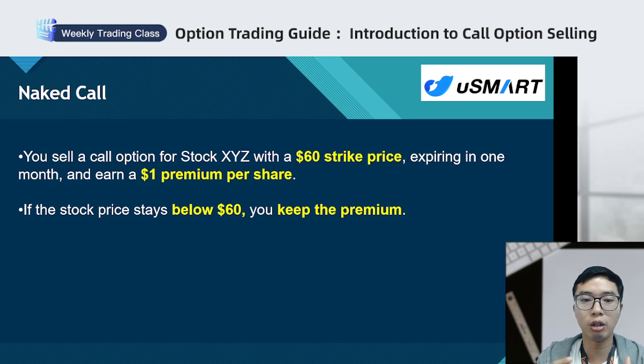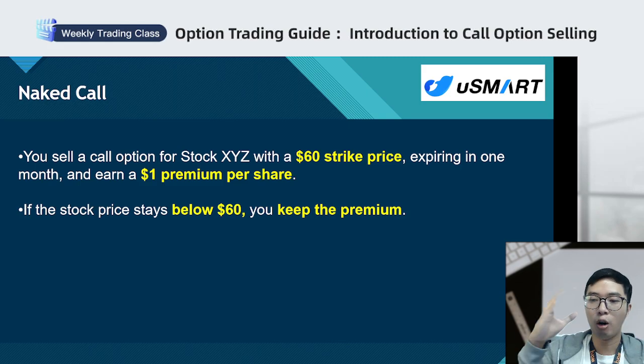If the stock price stays below 60, you keep the premium. Because we as the sellers don't want the price to go up. We want the price to stay sideways or go down, because we are the counterpart of the call buyer, who always wants the price to go up to earn.